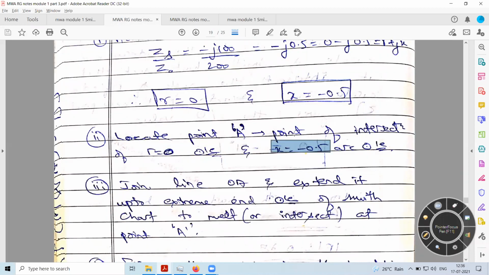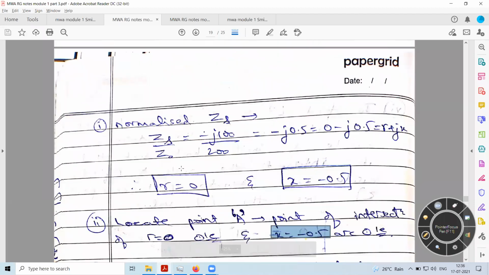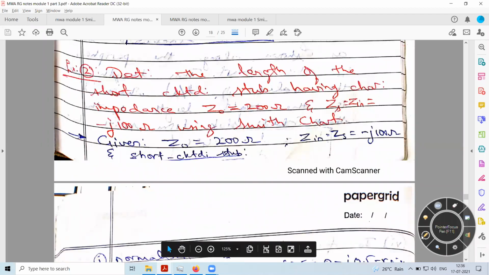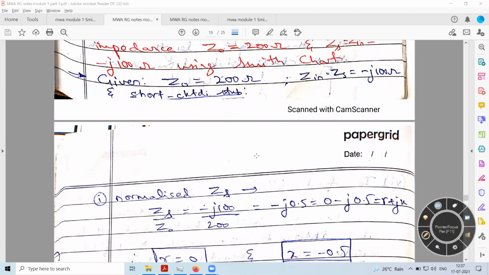Now we have obtained this. What we need to do is identify the length of the short circuited stub. One point to note is the term specified as short circuit. That is what we have to look out for.